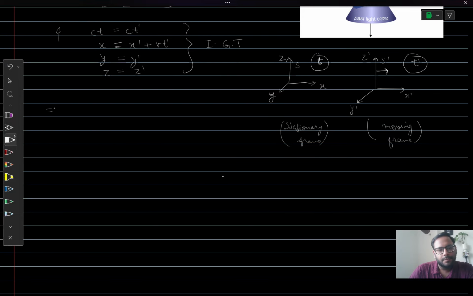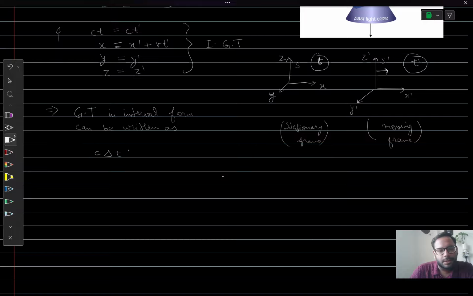And similarly, Galilean transformations in interval form can be written as c delta t prime.